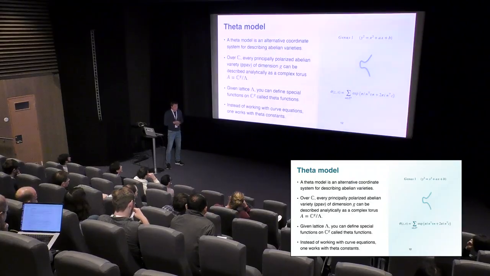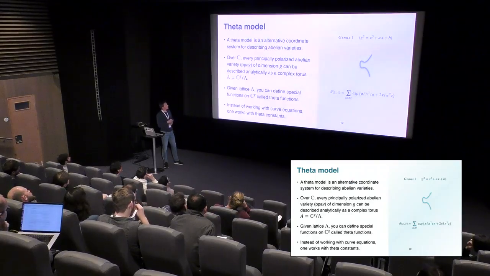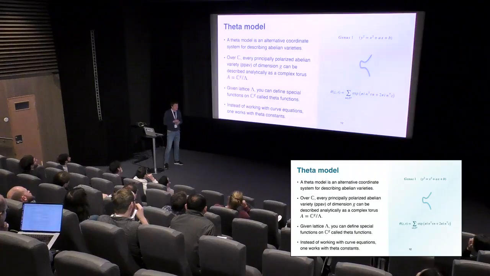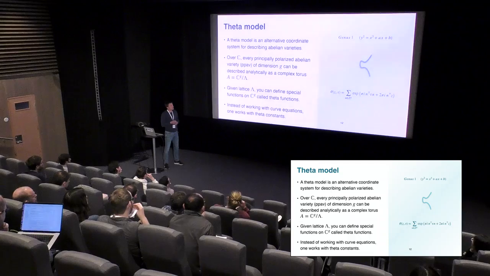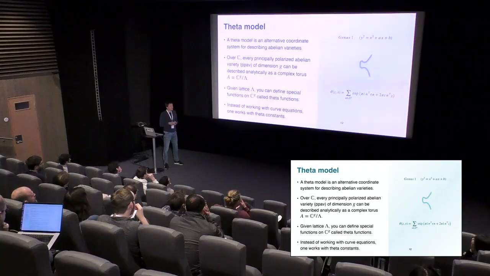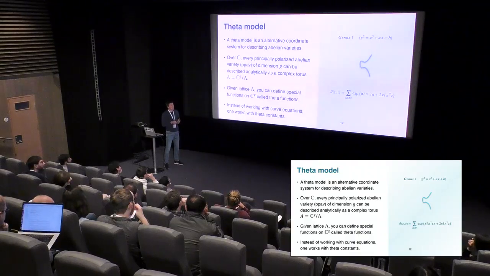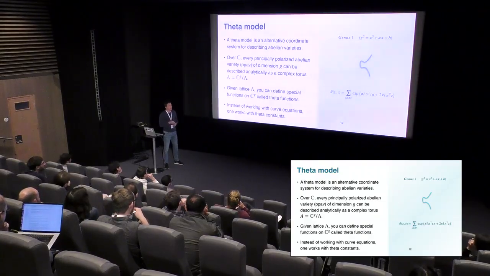But what we used is something that is called the theta model, which is kind of an alternative coordinate system for describing abelian varieties. Essentially, you trade off this nice algebraic formula for elliptic curves with something much more complex, theta functions, but surprisingly, the formulas to compute isogenies are simple and compact.